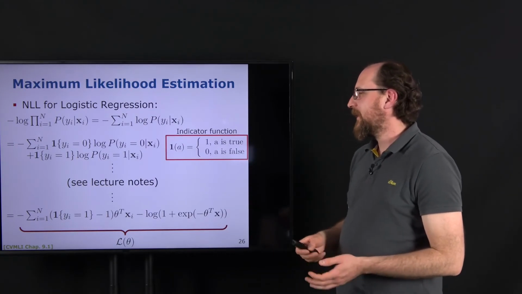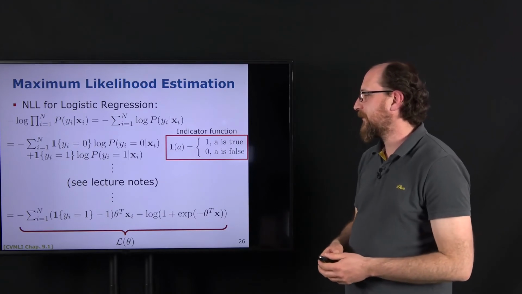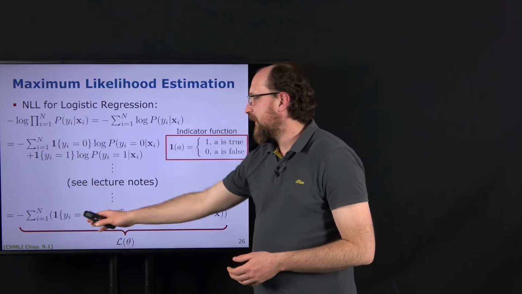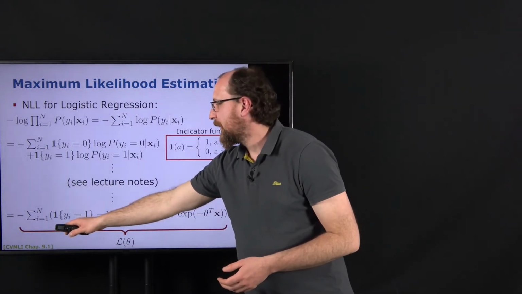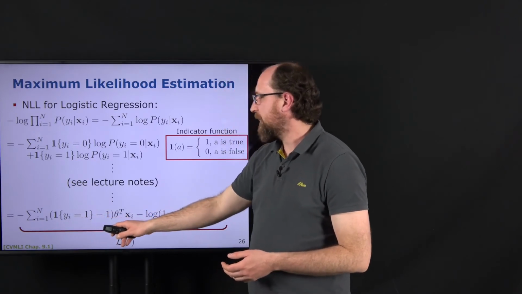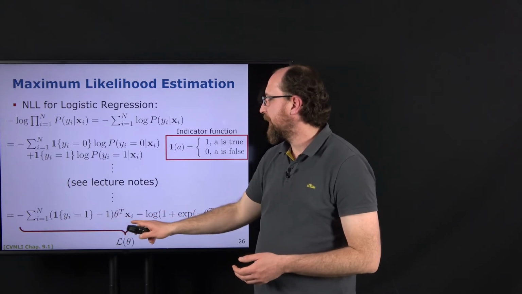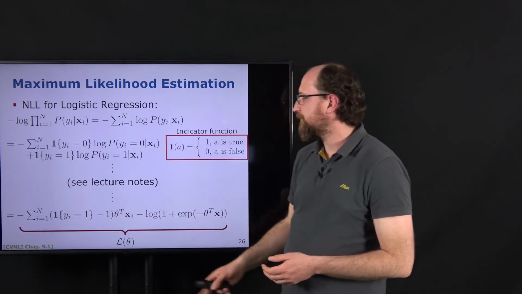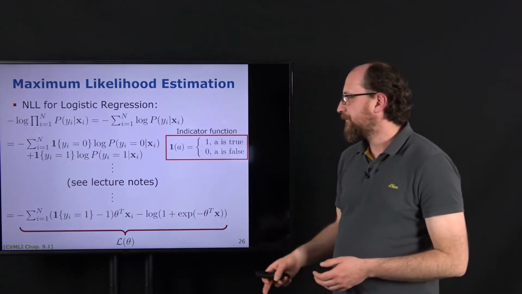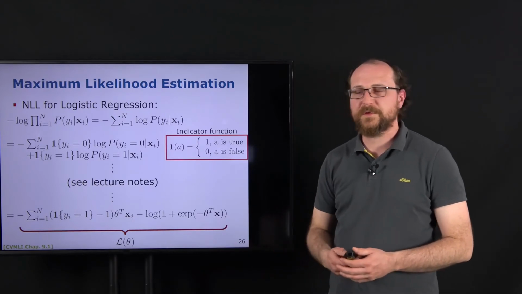And then when you change the terms a little bit, you can write out something like this: the indicator function saying that the label is 1 or minus 1, this in brackets, times the distance, so to say, and minus the logarithm of this. And this is then the negative log likelihood of the logistic regression.